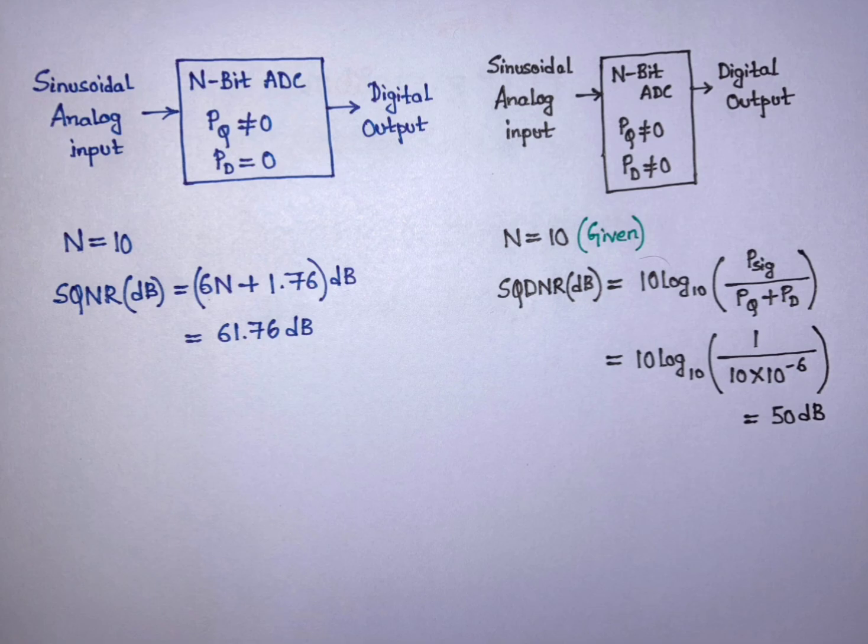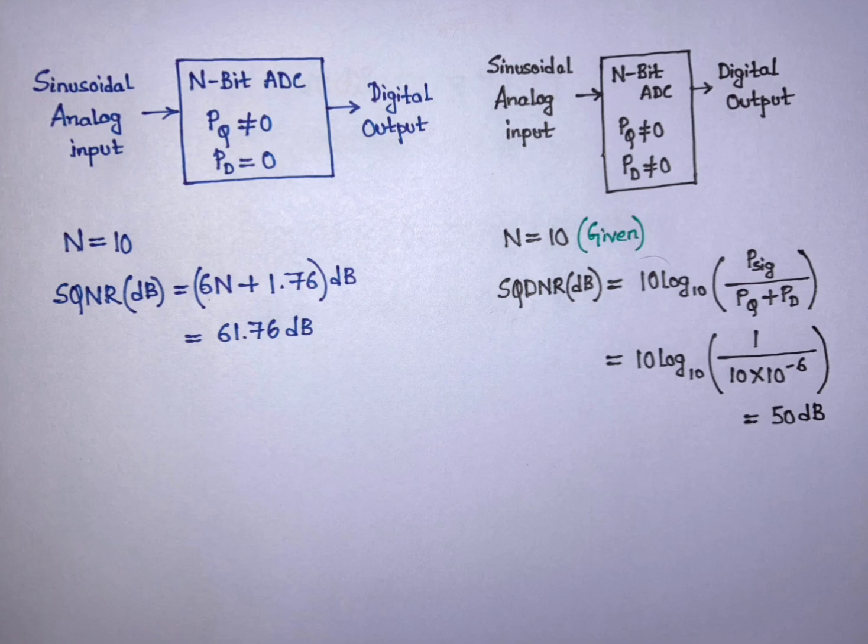The P signal is given as normalized power of 1 watt, and your total noise and distortion is given as 10 microwatt. If you calculate, you will get 50 dB. So instead of getting 61.76 dB, you are getting 50 dB. So there is already a loss of 11.76 dB, and that is because of other noise contributions and also because of the distortion. This distortion might have happened in the sampling circuit.